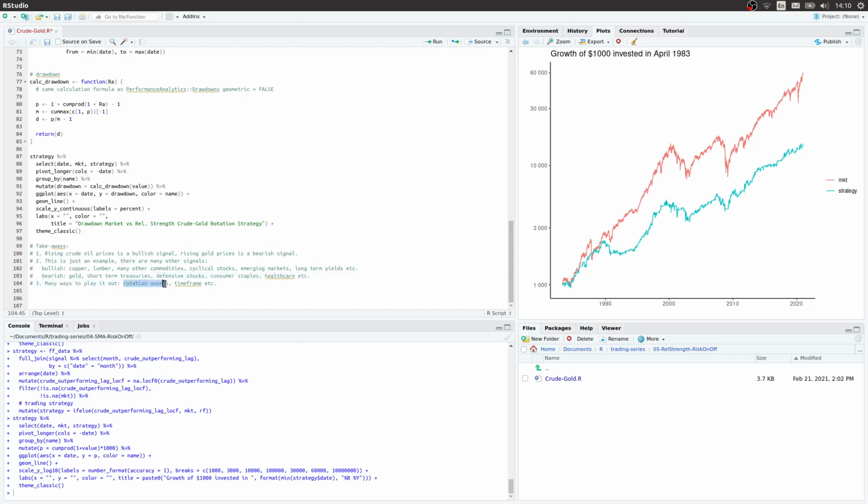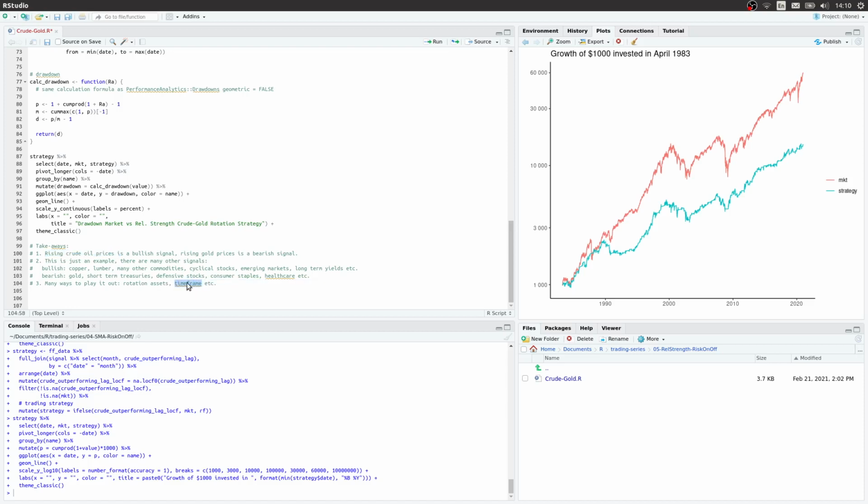And of course, there are many other ways to play out this strategy. You could have other rotation assets. You could say when the indicator indicates risk on, you're not in the market, but you're in leveraged ETFs, or you're invested in small caps or growth stocks. Whereas in defensive, you could be invested in gold or any other defensive asset.